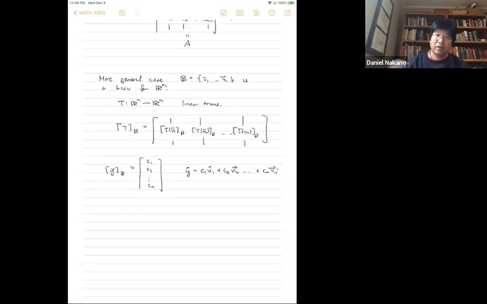Because it's a basis, the c's are going to be unique, and the coordinates you just obtain by picking off the coefficients. Okay, so this is called the coordinate of y with respect to B. The way you can get the coordinates is just by using Gaussian elimination. We've done many examples of that.